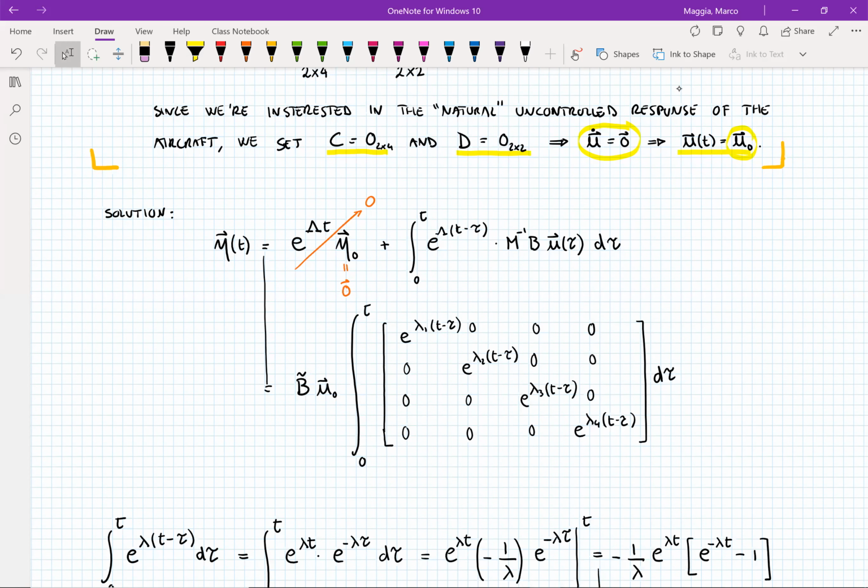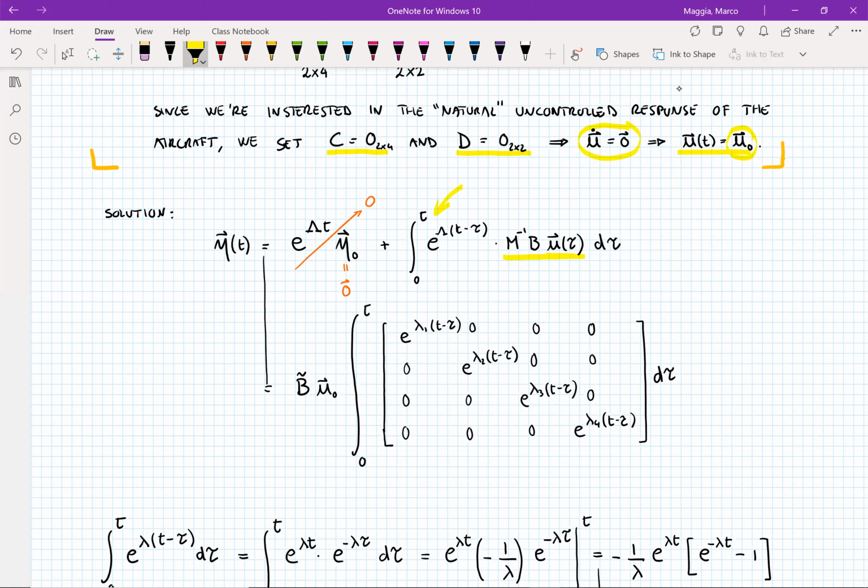And that will simplify the calculation of this integral, because now U of tau is constant and can be taken out of the integral along with M inverse NV.